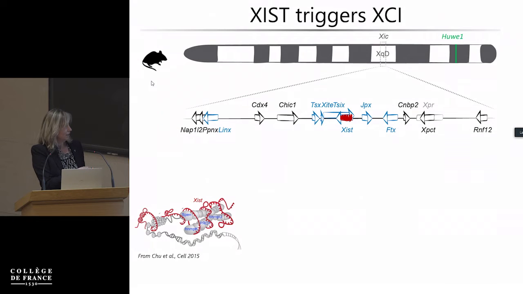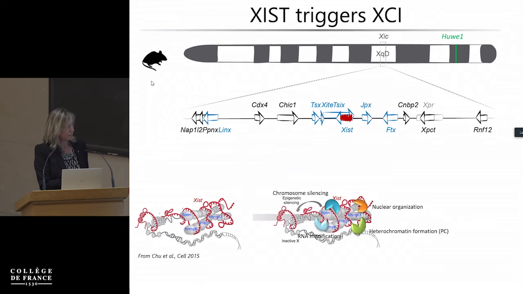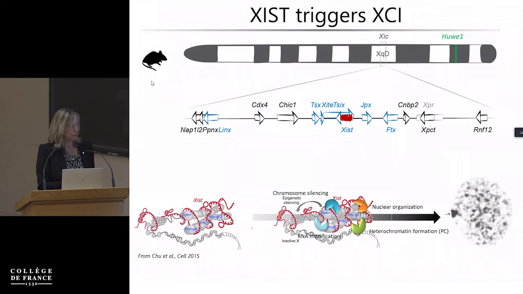So XIST will first accumulate around the X chromosome and rapidly recruit a series of complexes that are involved in modifying the chromatin, modifying the nuclear organization, also modifying the RNA, and triggering the silencing of the chromosome. And this will ensure that the silent state will be stably maintained.